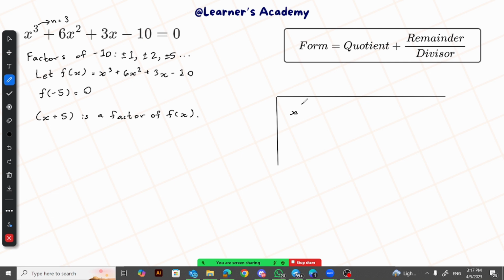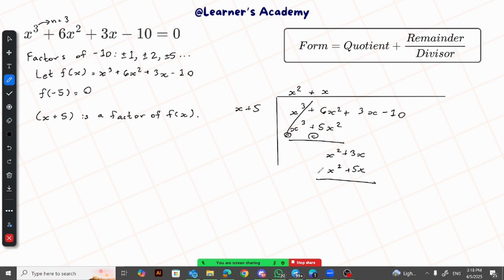So x cubed plus 6x squared plus 3x minus 10, divided by x plus 5. x squared, x cubed plus 5x squared, and then we subtract these two, x cubed minus x cubed results in 0, and this gives x squared plus 3x, minus x squared plus 5x.